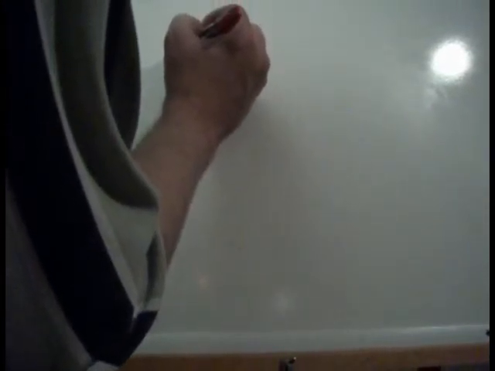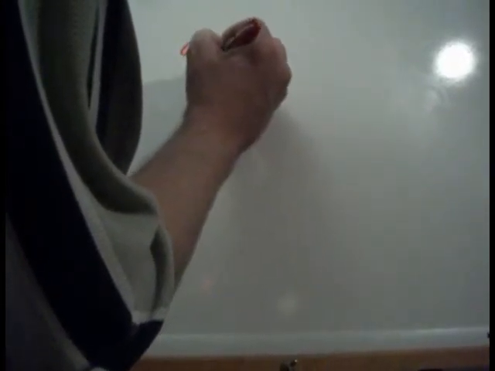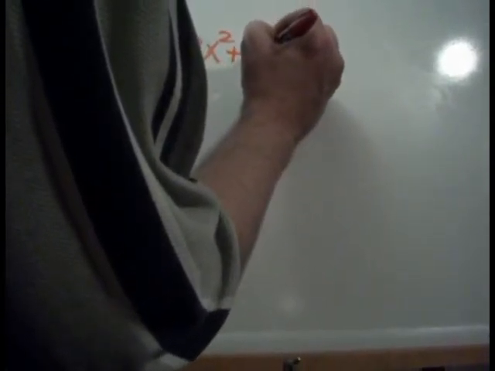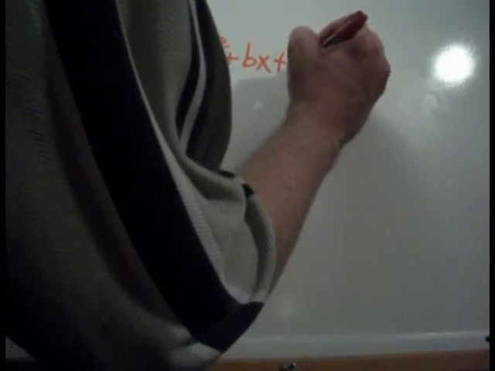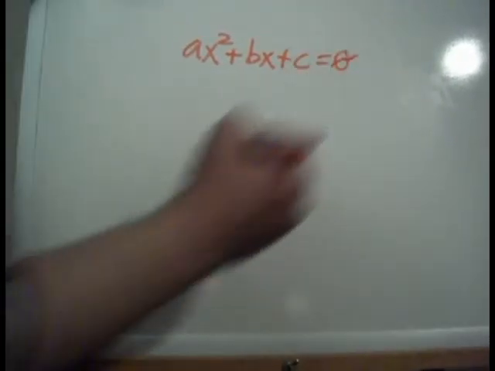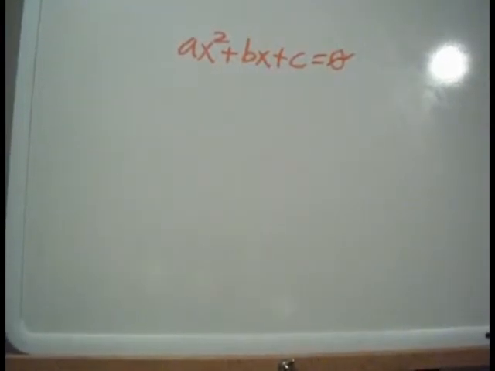Now, what is the standard quadratic equation? Well, it's going to be ax squared plus bx plus c equals 0. That is the standard quadratic equation. Now I got to get my notes.